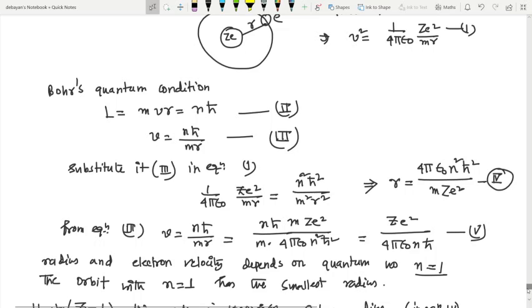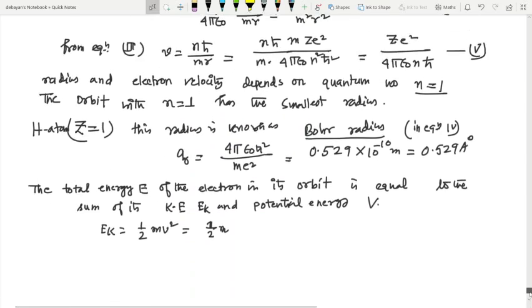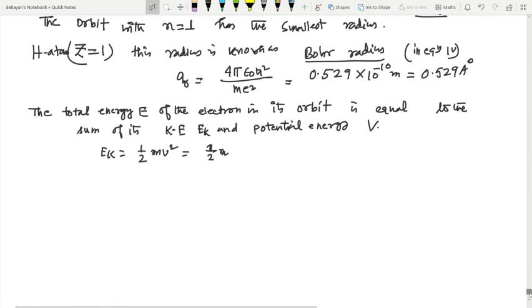Now if we put it, the kinetic energy is m Z e square by 8 pi epsilon naught m r.